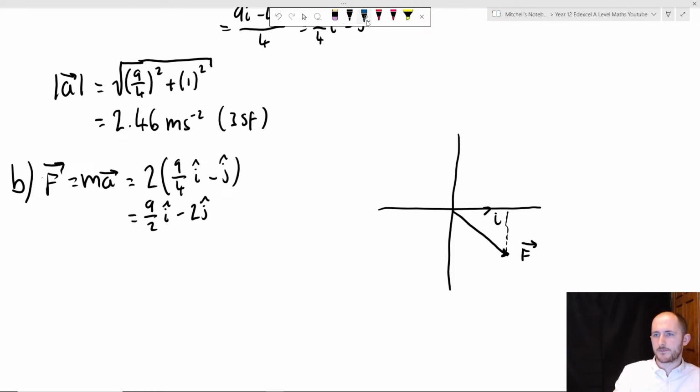So now we have 9/2 along the bottom and we have 2 down here, and we're going to work out this angle theta, which is the exact angle that they actually want us to work out.